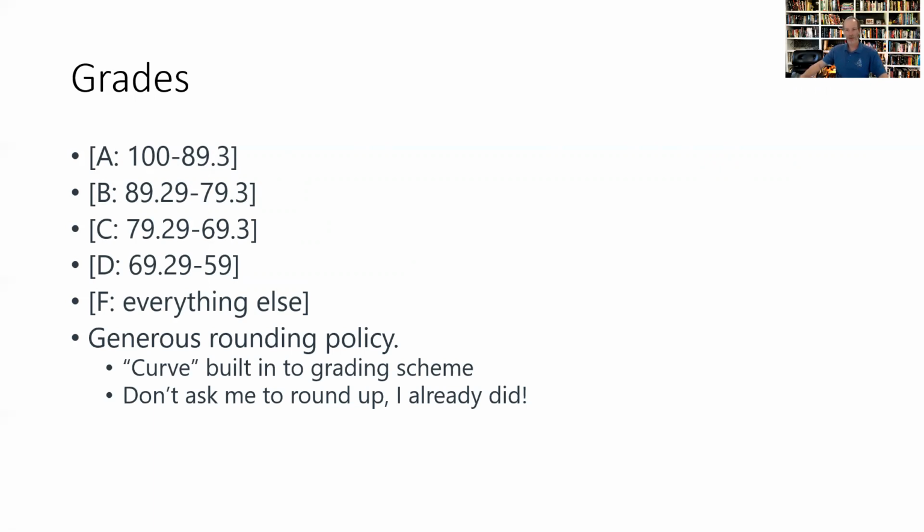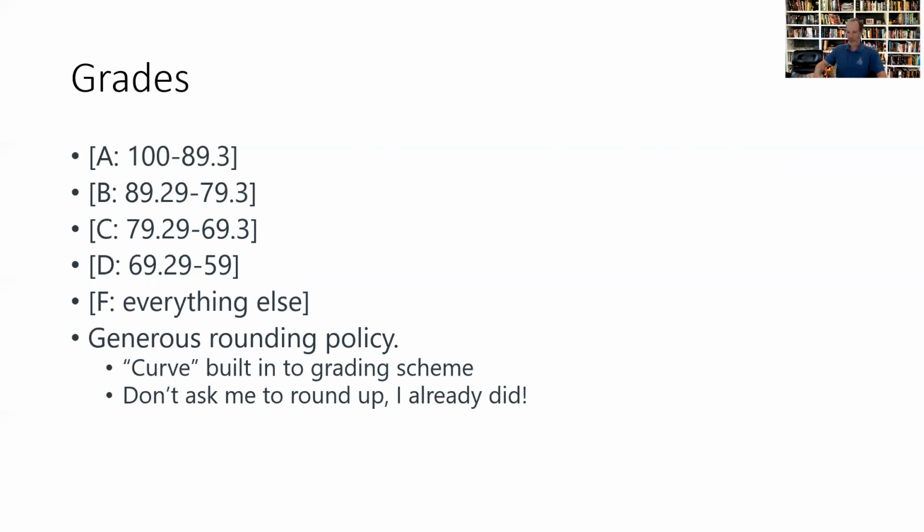Some faculty round at 0.5, the traditional round up point. What I've done is I picked a generous rounding policy at 0.3. So what this means is any sort of curve is already built into the grading scheme. If you're on the cusp there, this rounding policy boosts you up.